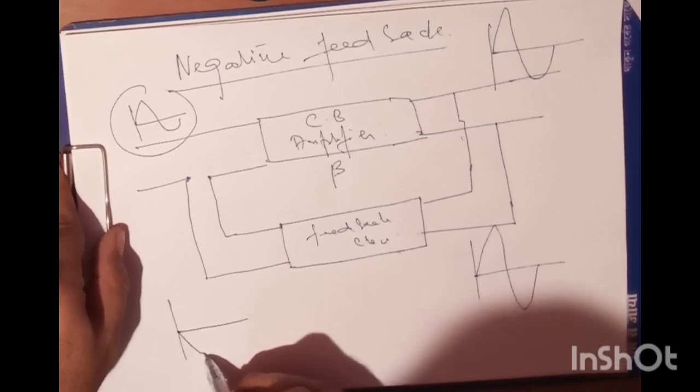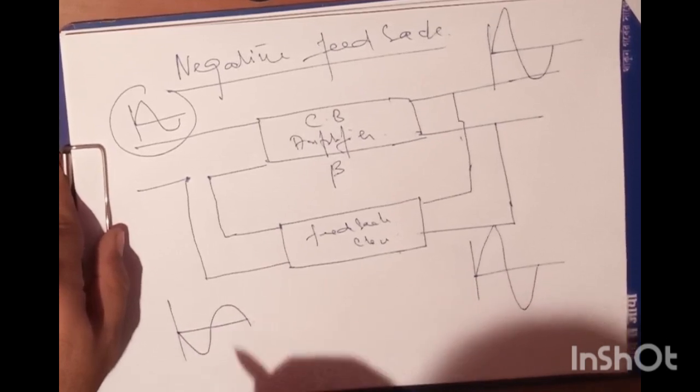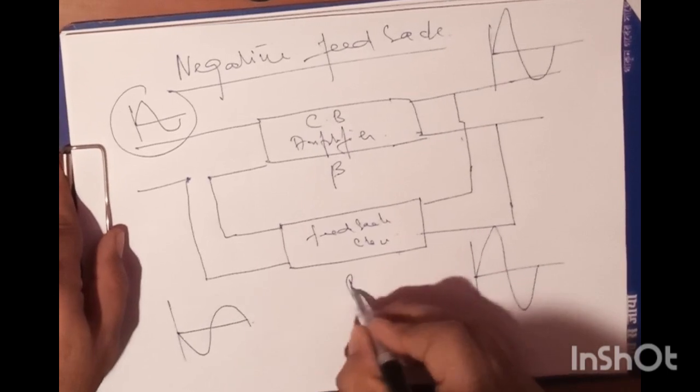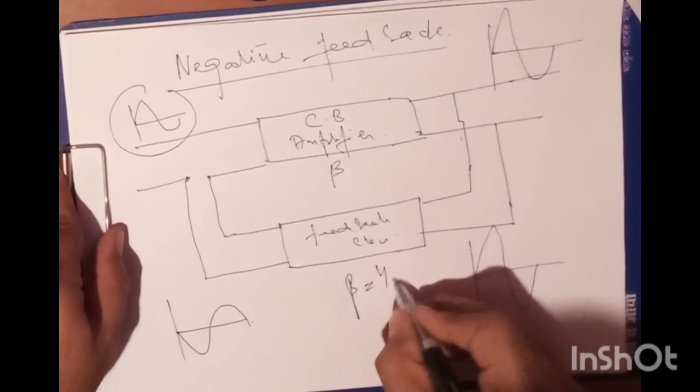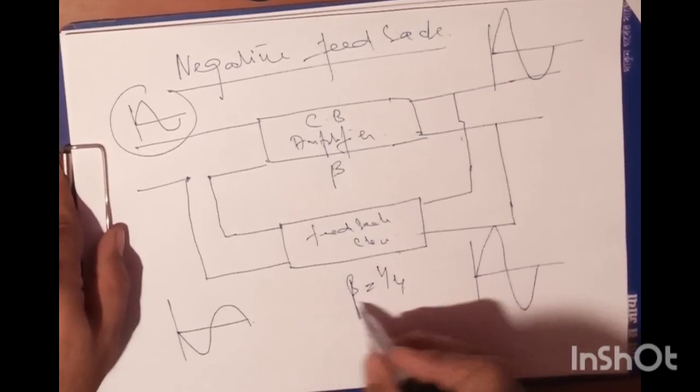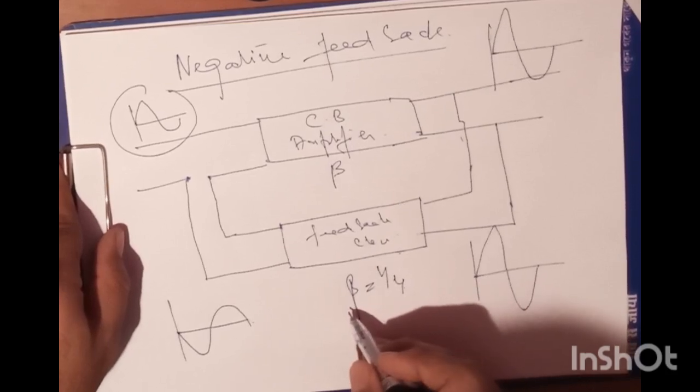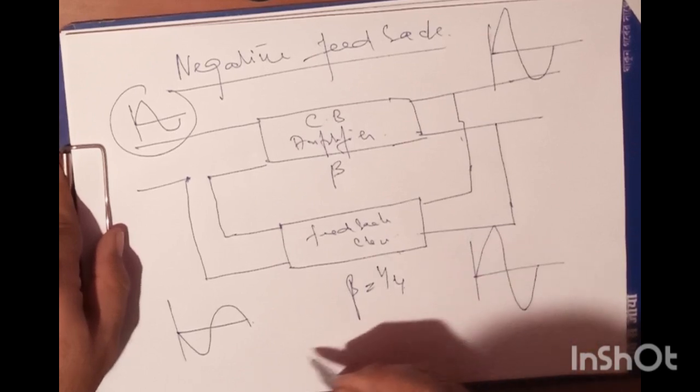That means the output is something like this, and it will have a beta, say 1/4, what we talked about in case of positive feedback in the previous case.